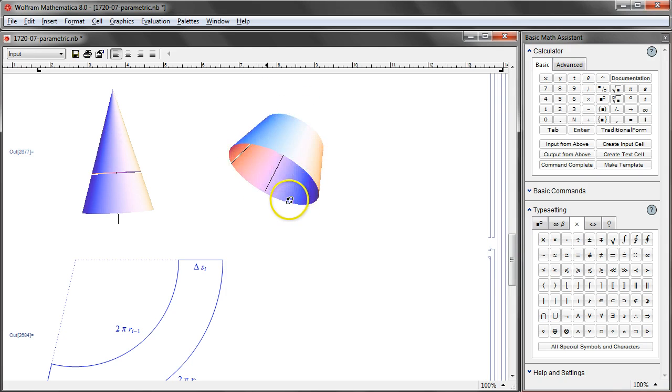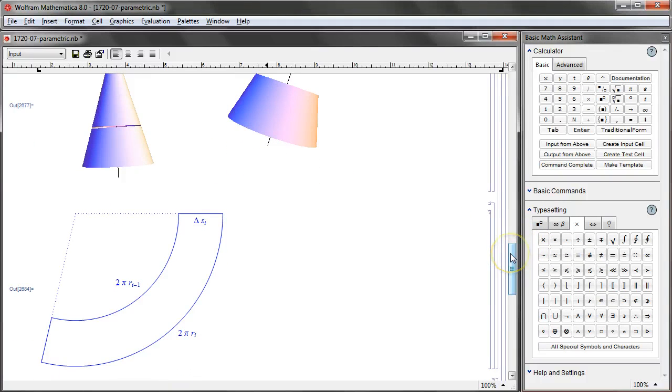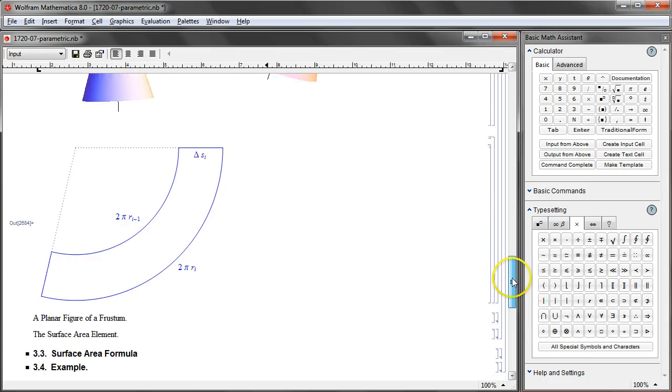Okay, let's arrange it like this. Top circle 2 pi r_{i-1}, and then bottom circle 2 pi ri, kind of like this. And let's find out how to express the area of this frustum, which means the area of this strip over here in the 2D picture. So how do we do that?